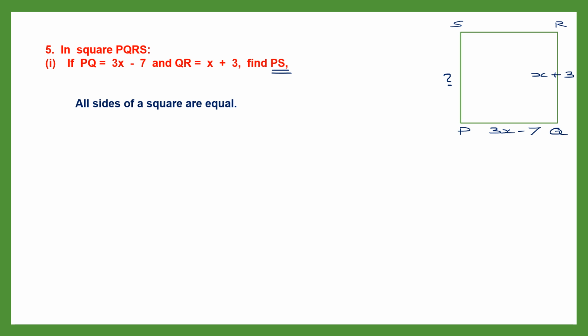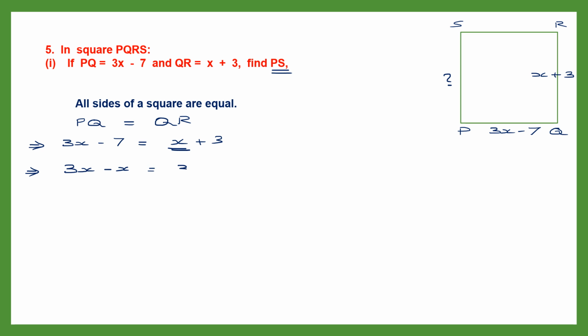This is very important. That means what is given to us is PQ, isn't it? PQ is equal to QR. We have values for these, so we are going to use these two sides. Now how much is PQ given to us? PQ is 3x minus 7. This is equal to QR, which is x plus 3. Let's bring all the x terms to one side. So here we have 3x. Let's bring this x to the other side, so it becomes minus x.